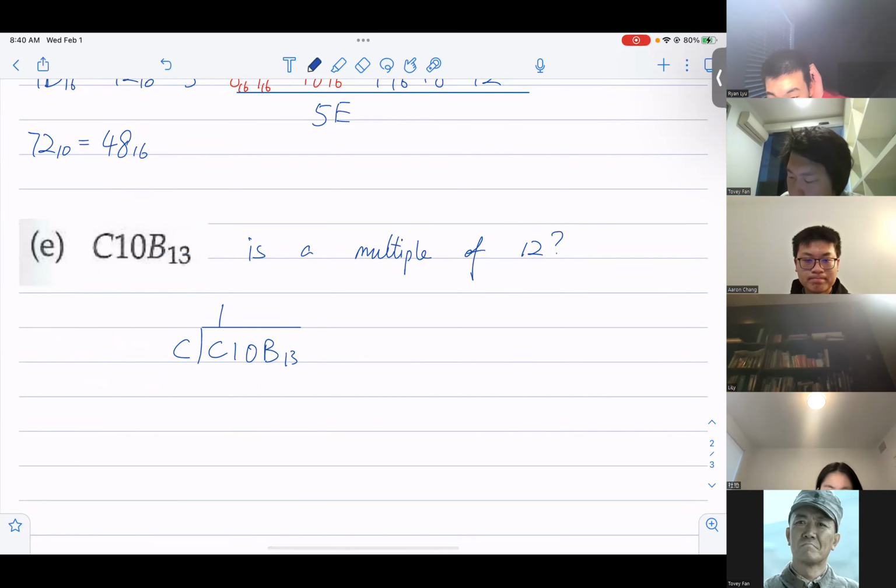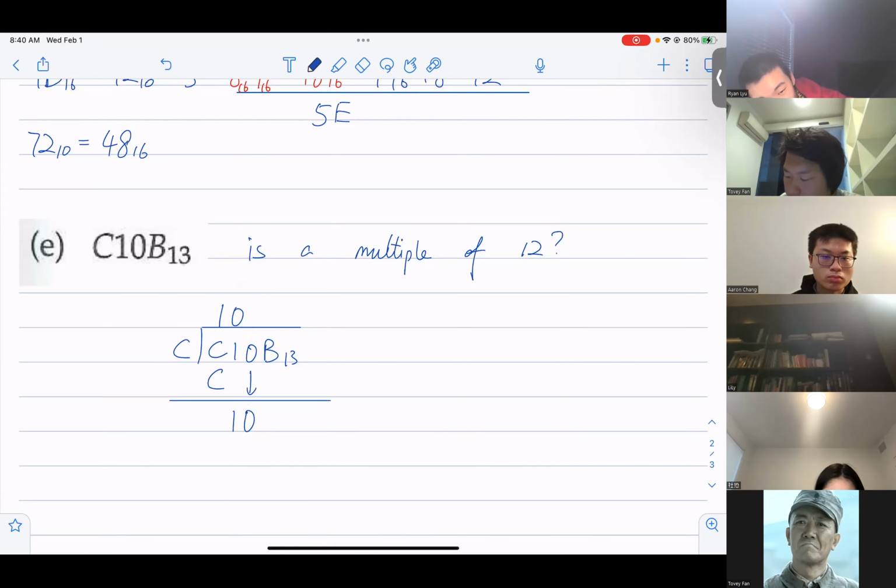So here we get a 1 times C is C, right? And I get 0, so you drop the 1. And notice that there's no C in 1, right? 1 definitely can't be divided by C, so you put a 0 here, okay? We put a 0 and we drop this 0 here. Remember, this is not 10.